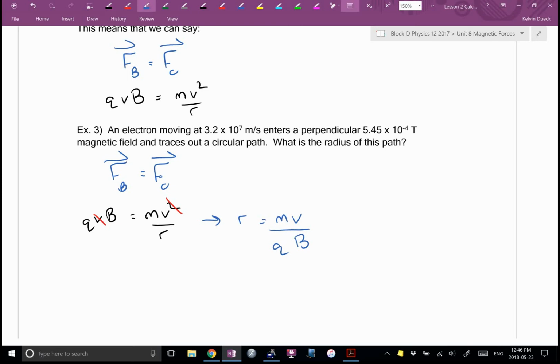Let's plug in the numbers now. The radius is going to be m. It's an electron. I always remember it's 9.11, but I never remember the 10 to the negative 31. The speed is 3.2 times 10 to the 7th.